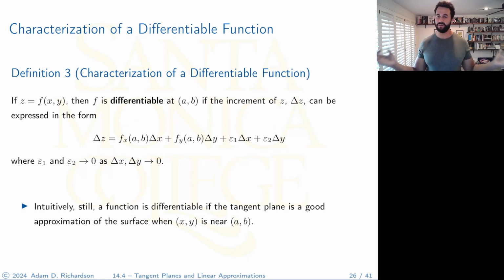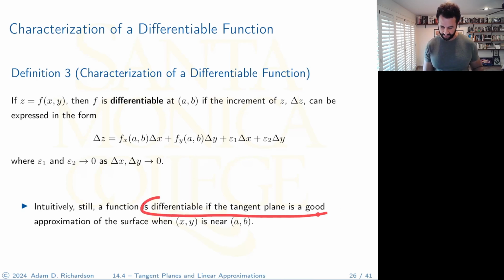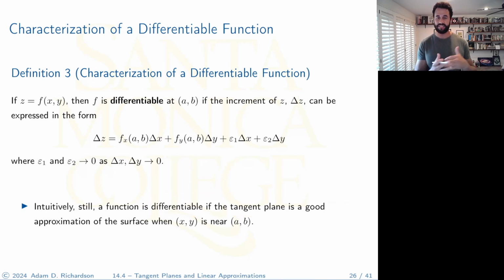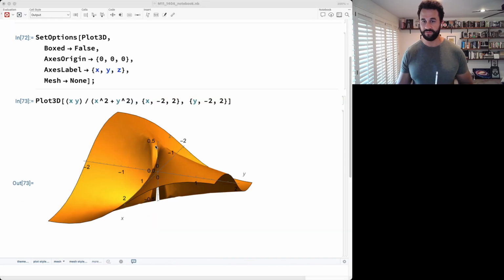Now, if all of this is already getting overwhelming, because it's pretty overwhelming, just remember intuitively all we are saying is that a function is differentiable if the tangent plane is a good approximation of the surface when x, y is near that point. Okay, that's the idea. So for example, on this surface right here, there it is, the function is not differentiable at the origin.